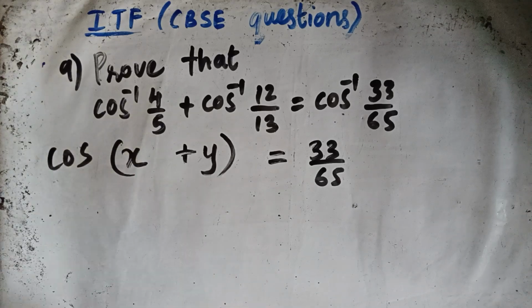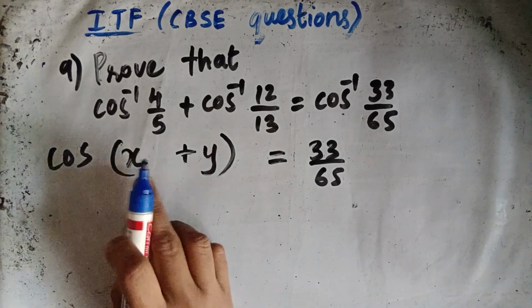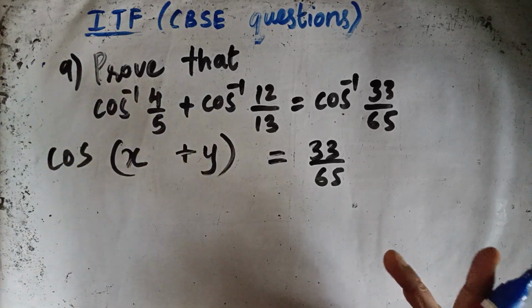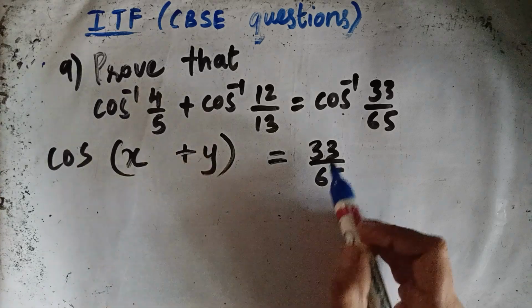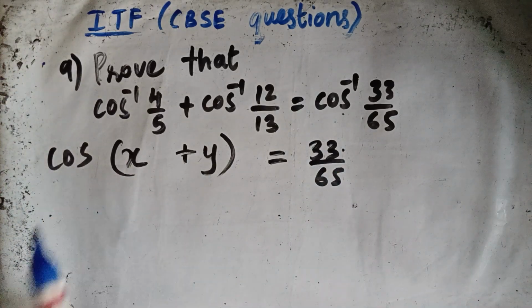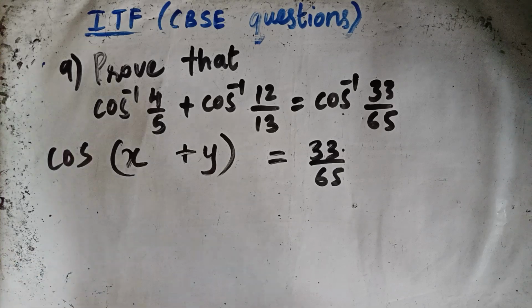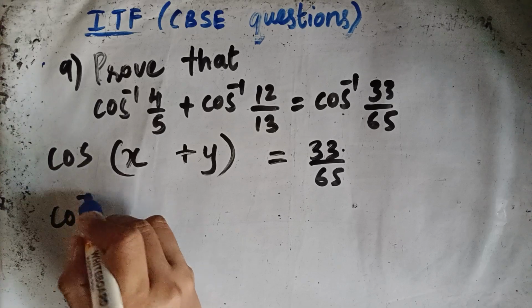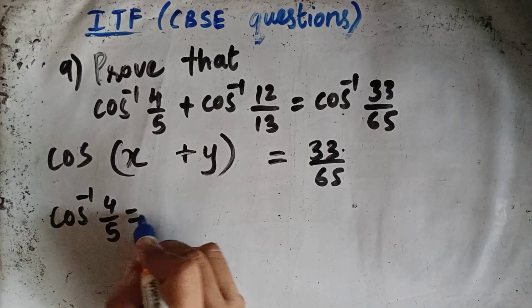So you can use the formula cos x plus y, which is cos x cos y minus sin x sin y. Okay, that we have to prove equal to 33 by 65. So I'm taking the left hand side and then I'll go to the right hand side.